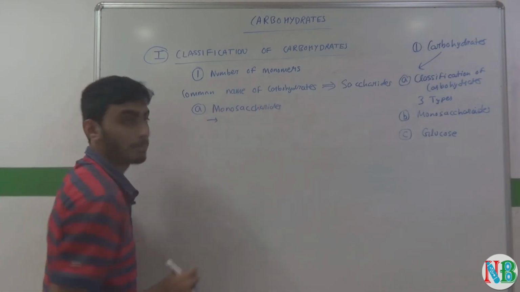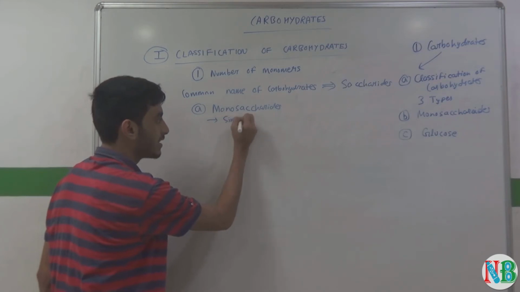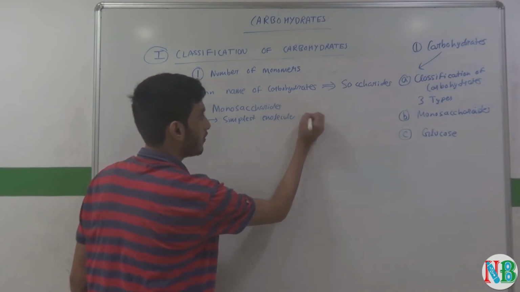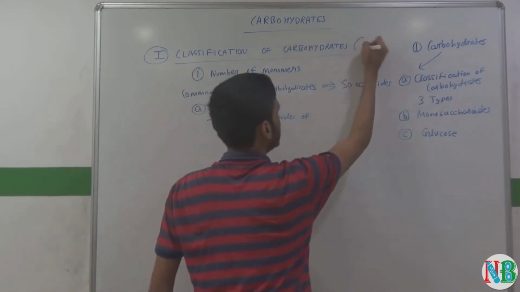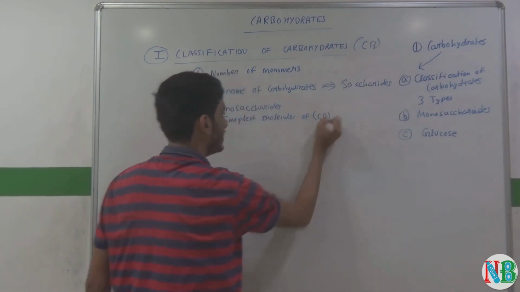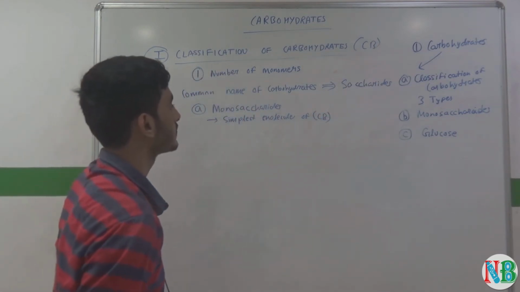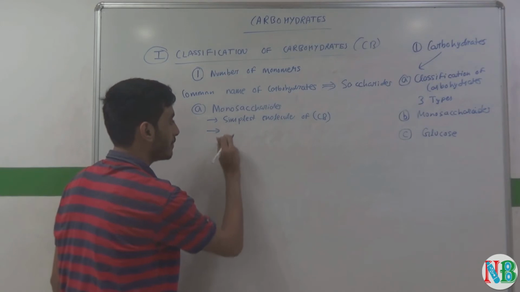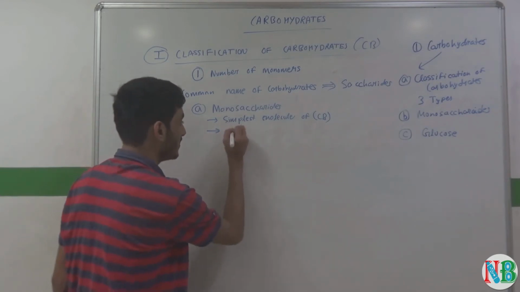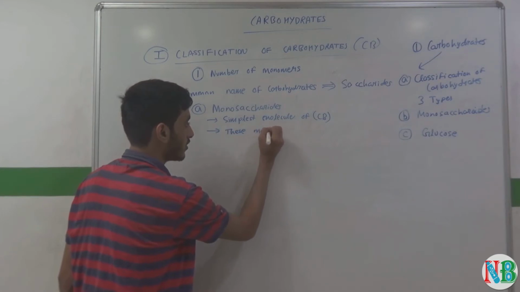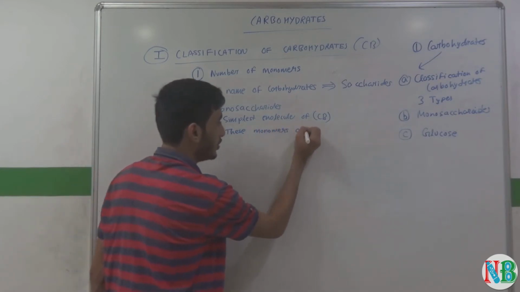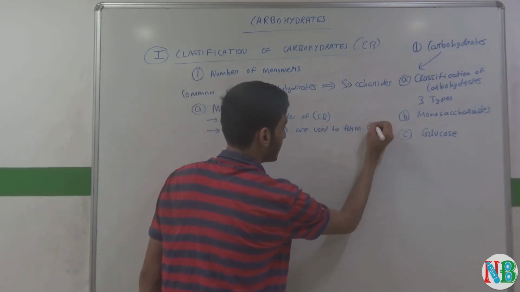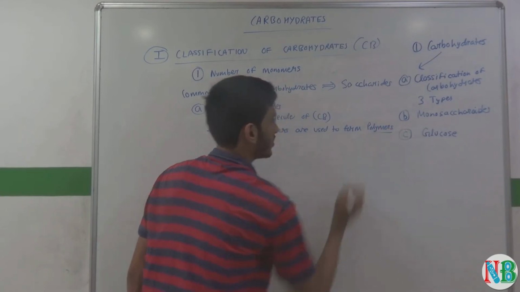In short, these are the simplest molecules of the carbohydrates, and these simplest molecules, or monomers, are used to form polymers.